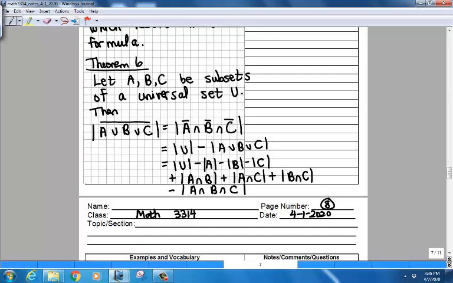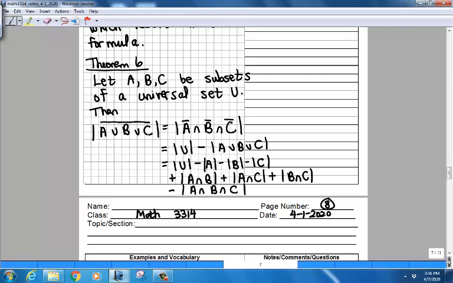So take the union of the 3 sets, and then you want to find the cardinality of the complement of that union. All right. Well, from elementary set theory, we know that the complement of a union is the same as the intersection of the individual complements.